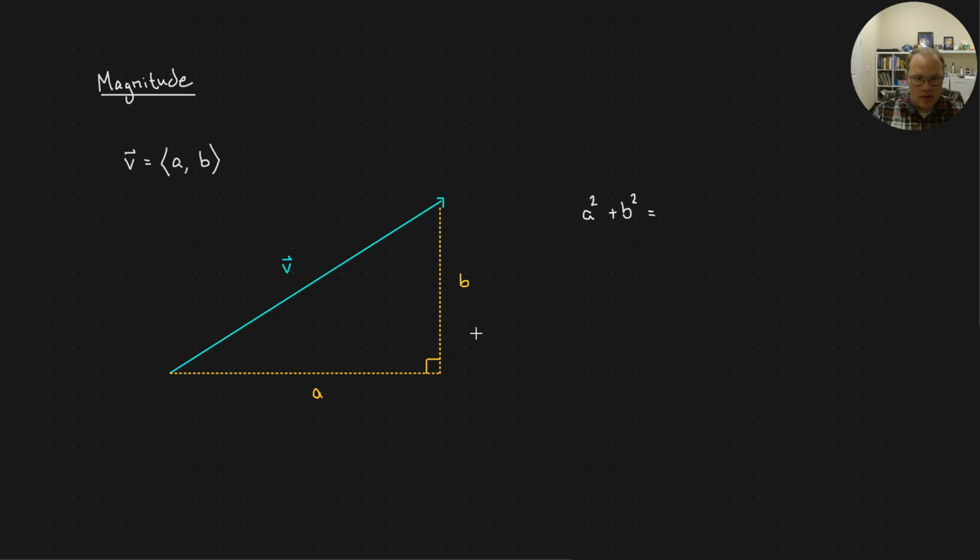According to the Pythagorean theorem, the result over here is going to be the length of this side squared. Okay? So we actually have a special notation for the length of a vector. It's like an absolute value, but instead of 1 bar, we have 2 bars. So it's like these double absolute value bars. This is the length or the magnitude of vector v.